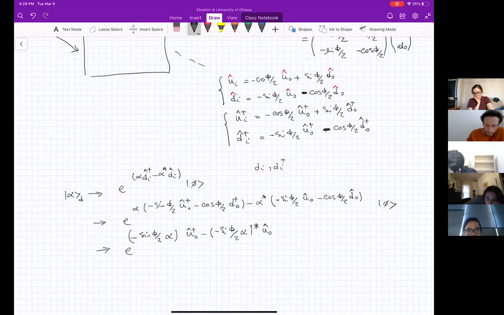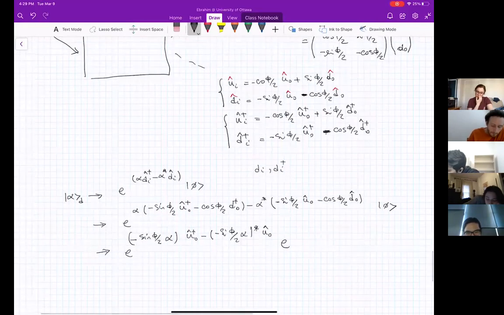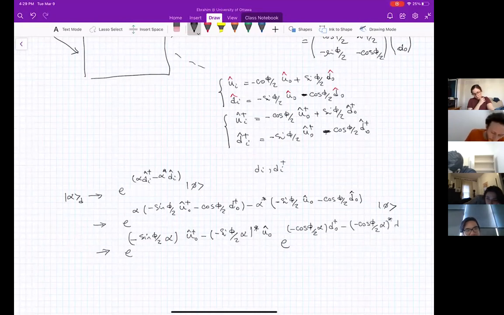Since UO and DO commute with each other, I can write it times e to the power of minus cosine of phi divided by 2 alpha D dagger O minus cosine of phi divided by 2 alpha star DO, acting on vacuum.